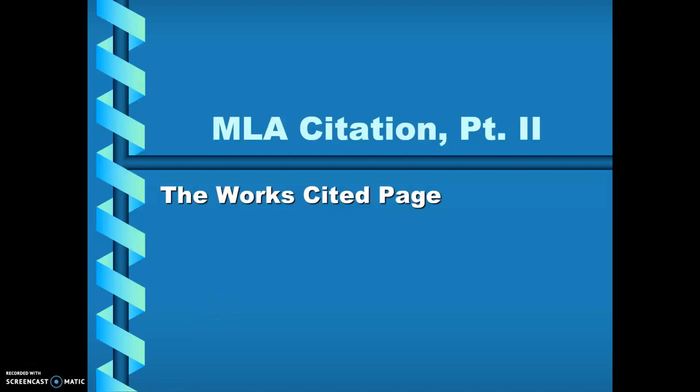This is the second of two lectures on MLA citation. This lecture is going to cover the development of a works cited page. Now, unlike what I had done with the last lecture on in-text citations, I'm not going to put a sample works cited page in our course shell.